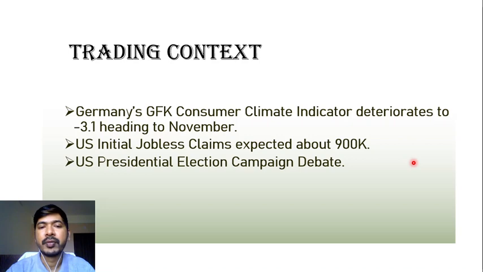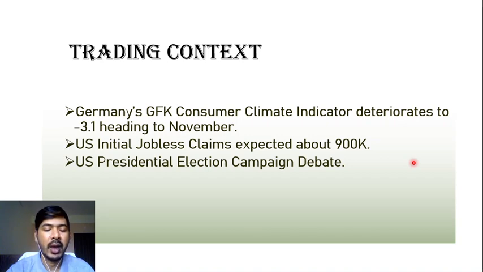We got this German GfK consumer confidence data, for the month heading into November, so this is published earlier, and the sentiments tell that the situation has actually deteriorated, and now for this month we have the reading at minus 3.1, which is also lower than the prior month reading of minus 1.7, and this is happening mainly because of the resurgence of the COVID cases in Germany, and that is going to take the situation from bad to worse if not controlled.